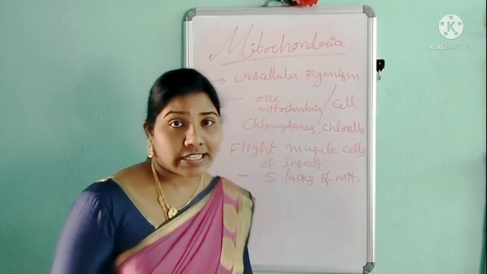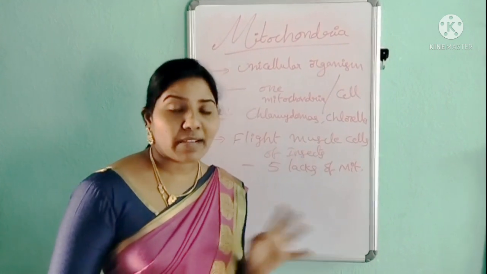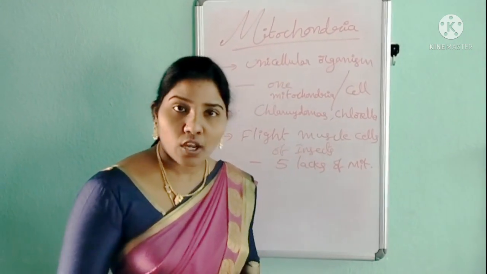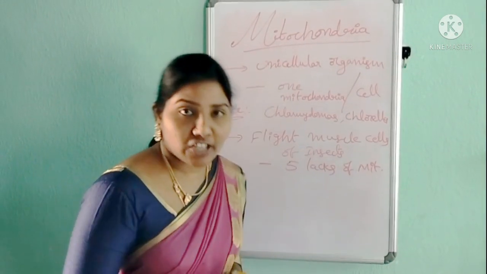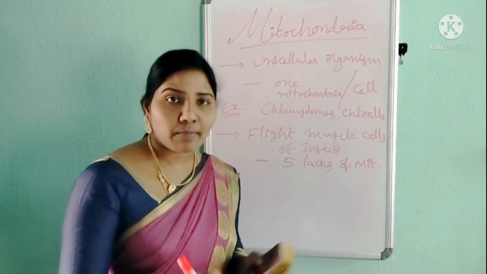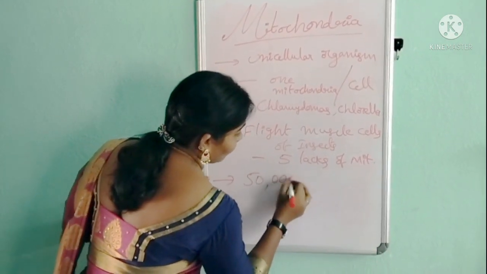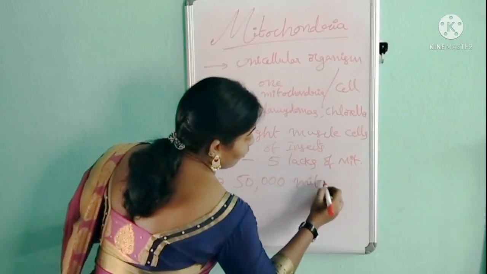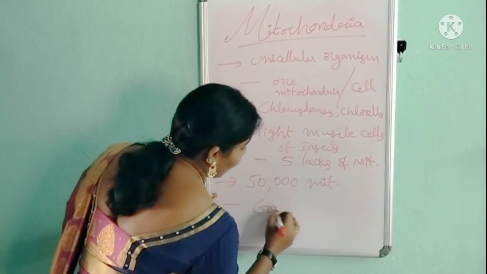The scientist Kolliker observed the mitochondria in the flight muscle cells of insects. Already we know about that. Then 50,000 mitochondria are present in some organisms. For example, giant amoeba.